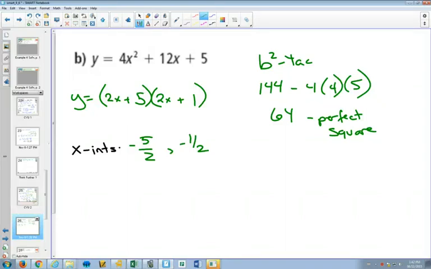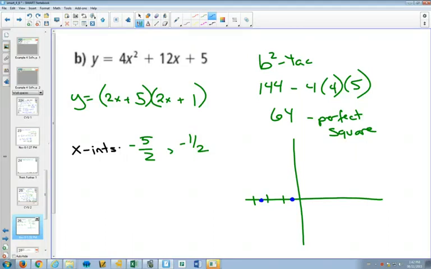So now that I have it in factored form, I can tell where my x-intercepts are. So if I draw that out, again, maybe I'll go to decimals here. This is negative 2.5 and negative 0.5.